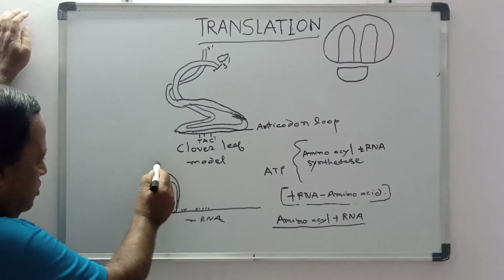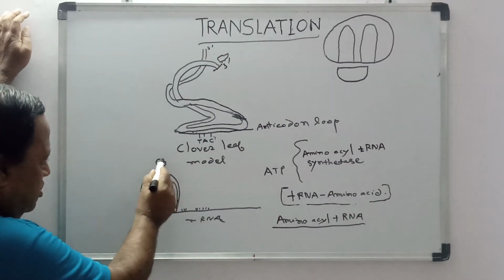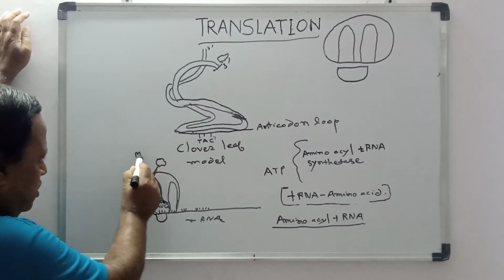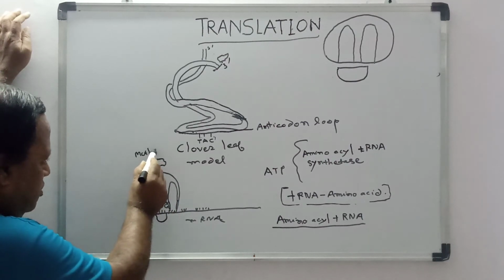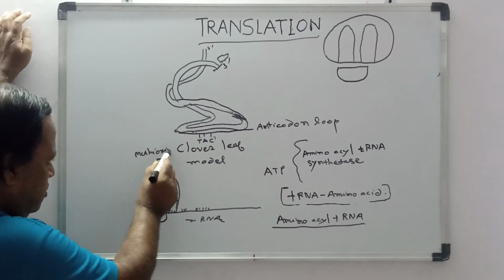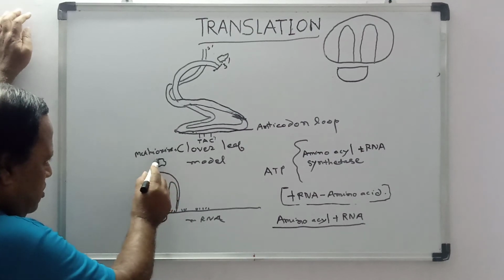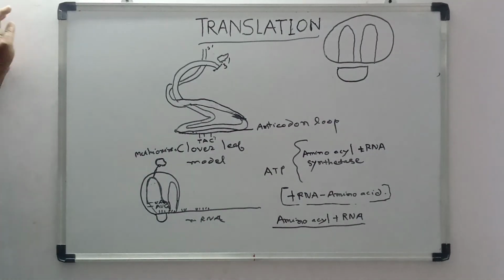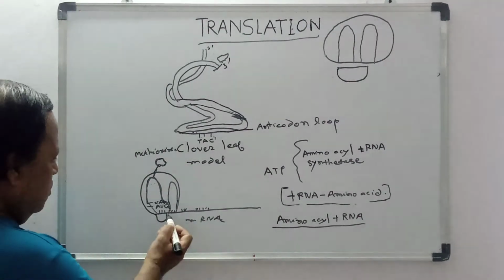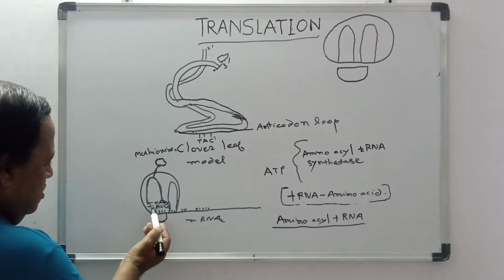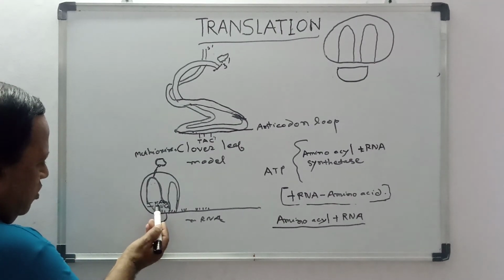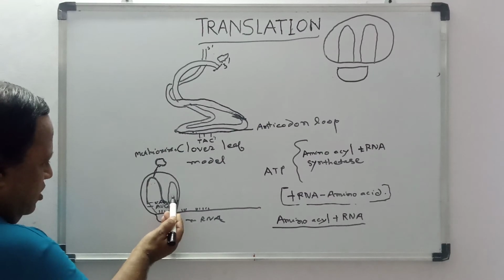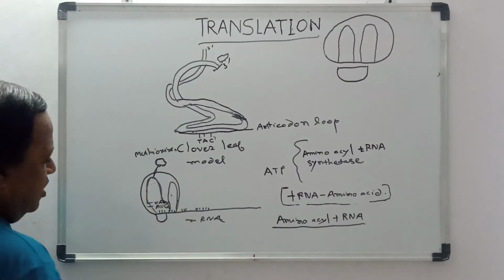Now suppose this is methionine. Here the bond formation took place and this place is vacant.